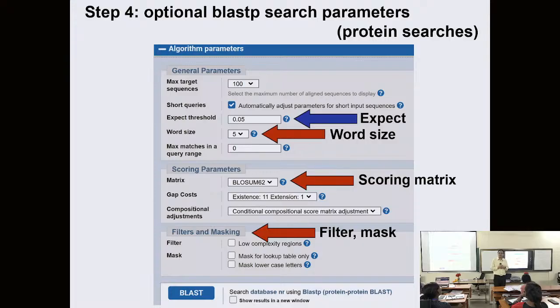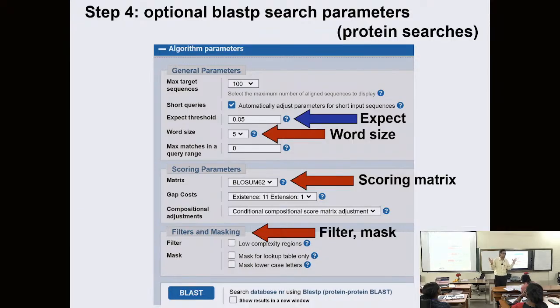And for these regions, compositional adjustment for these matrices has been done. There is a theory on this, and papers have been published. When you select this, it will scale the values of the standard matrix by some factor.